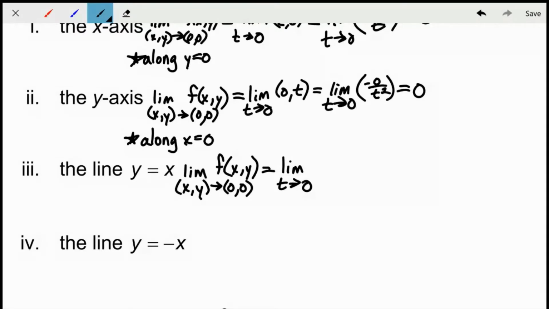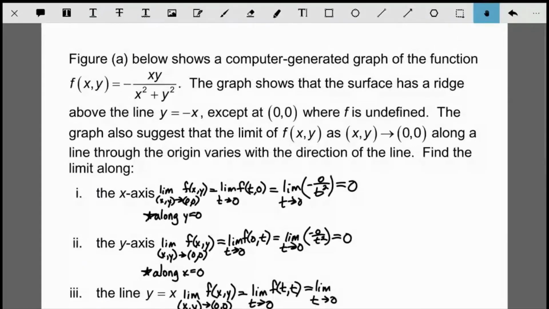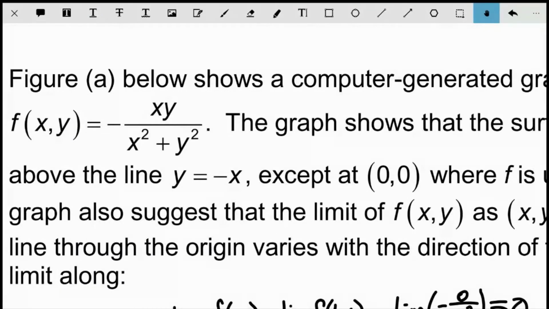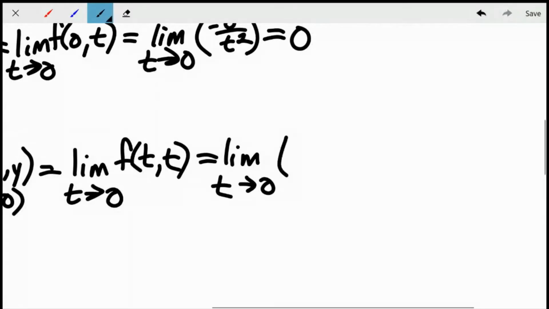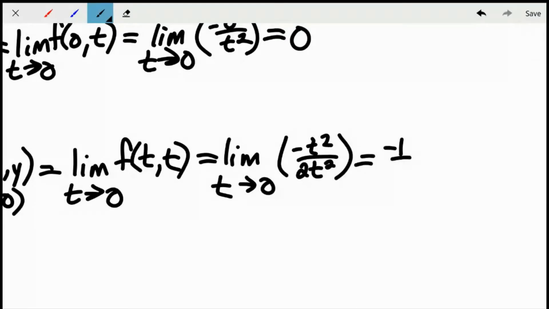So this would be the limit of f of (t, t) as t approaches 0. We plug t in everywhere we see x and y, so we get negative t squared over 2t squared, which gives me negative 1/2.